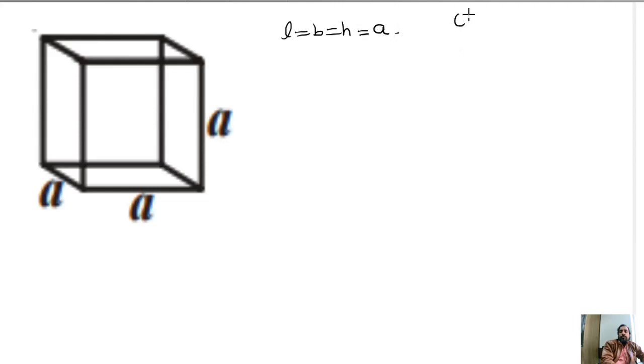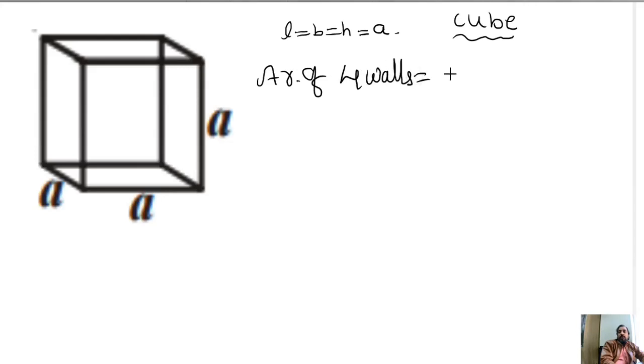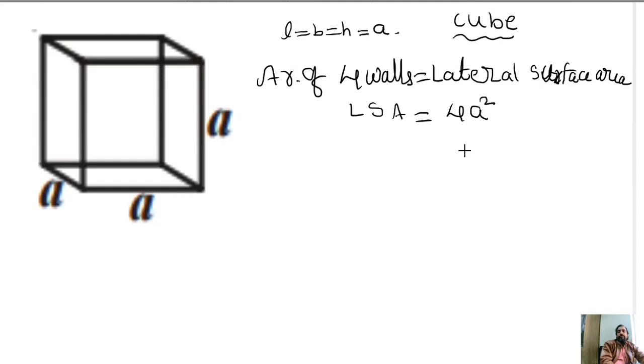That is a cube. Now the area of four walls, or lateral surface area, LSA, is nothing but 4a square.